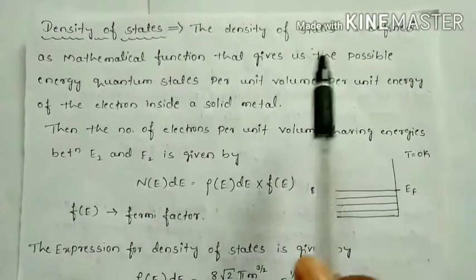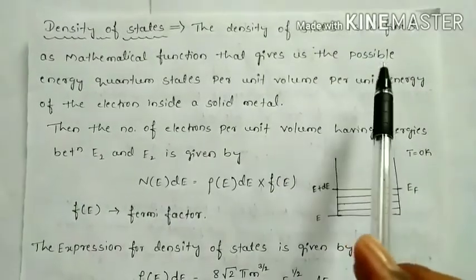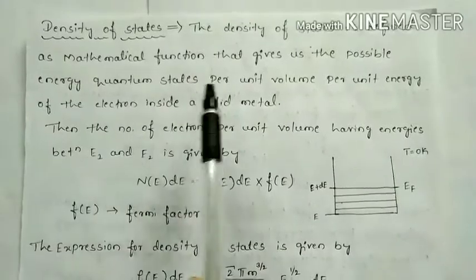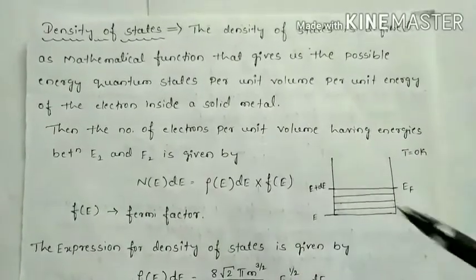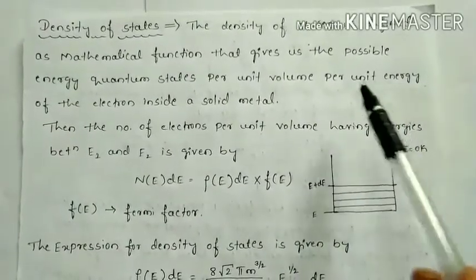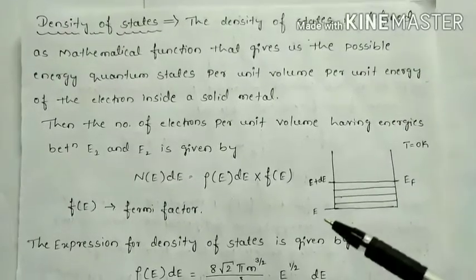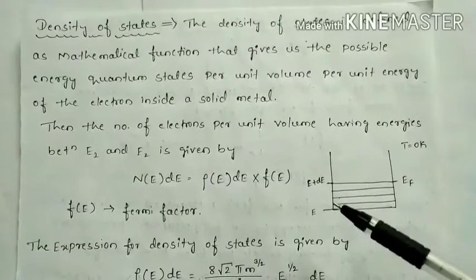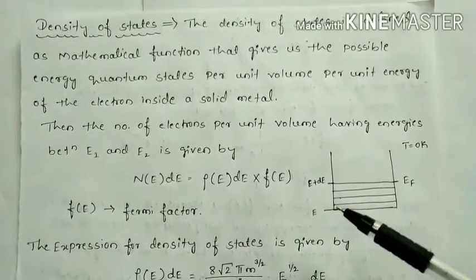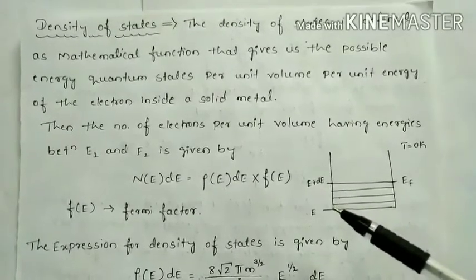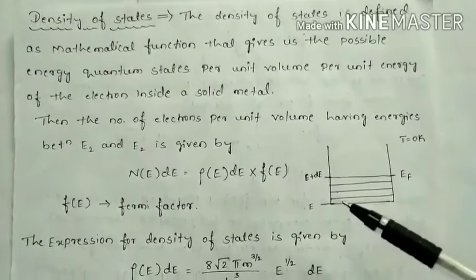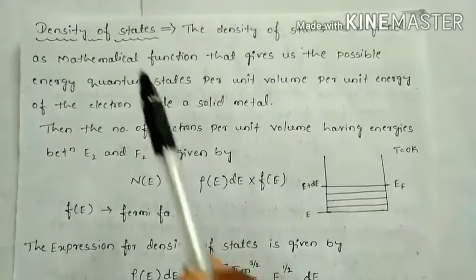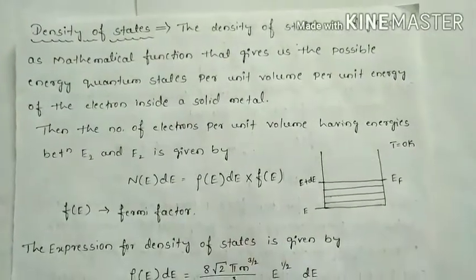That is the reason we define it as the possible energy quantum states per unit volume, per unit energy, from this energy state to this energy state, and we will see how many number of density of states are present inside a solid metal. So this is how we will define the density of states.